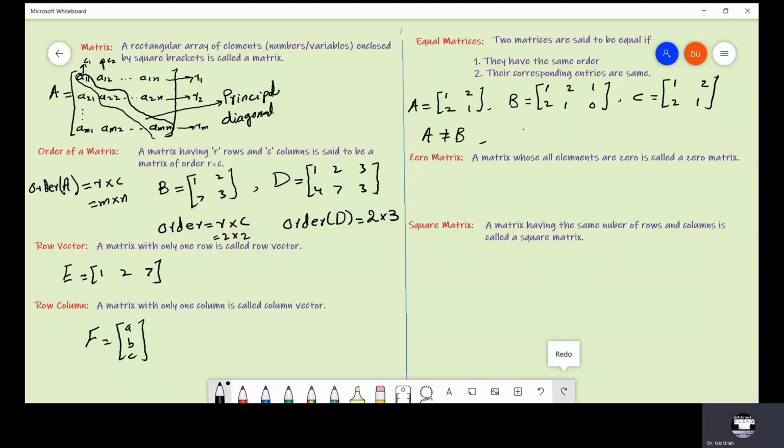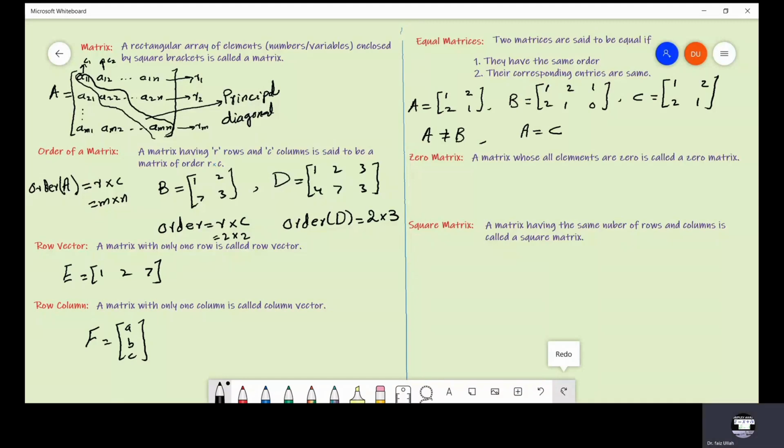But you can see A is equal to C because they have the same order and their corresponding entries are the same. First entry of A and first entry of C, they are the same, 1, 1. Similarly, second entry of A, second entry of C, they are equal, 2, 2, and so on.